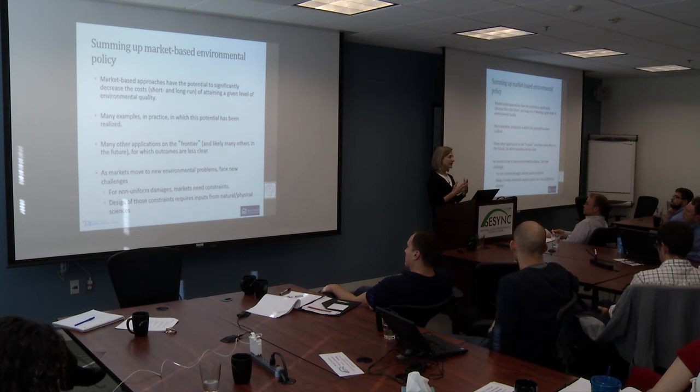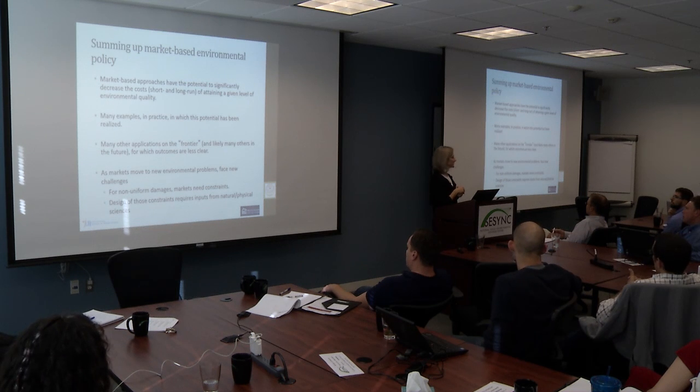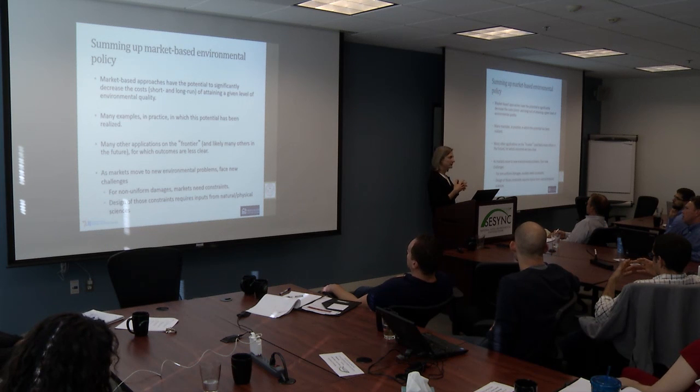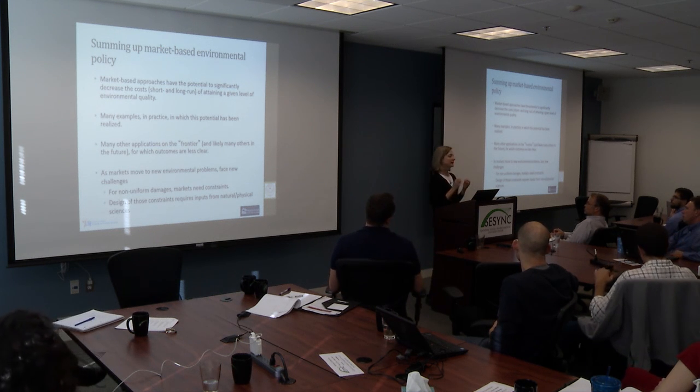I may be somewhat more optimistic, for example, on the water pollution case than what Jim expressed yesterday. I think there's been a ton of progress made in this interdisciplinary work, trying to understand how these things work, how they might work better, and really trying things on the ground. But I also think the key problem is that for these non-uniform damages, the markets have to have constraints, and they have to be designed really carefully in order to not make things worse, not just more costly, but actually worse in terms of benefits.